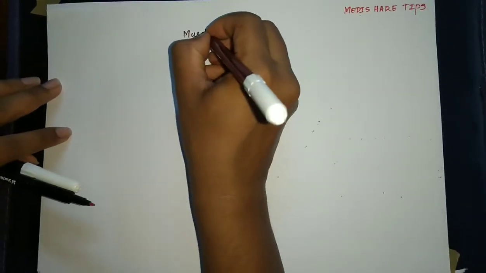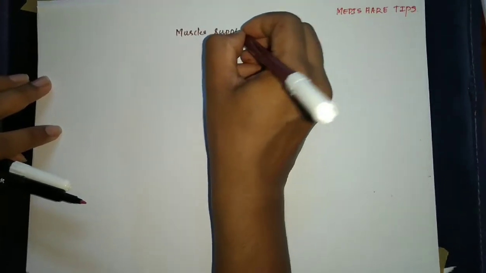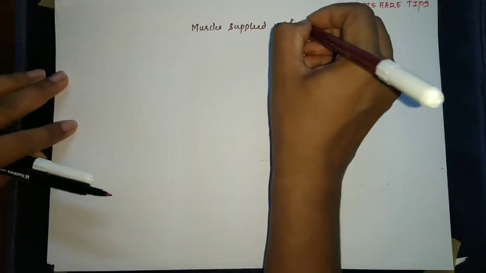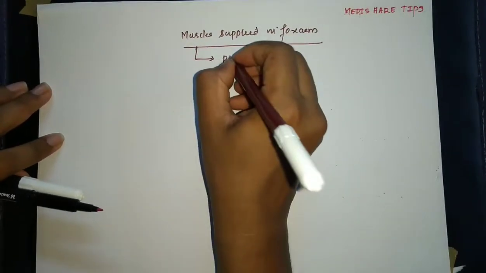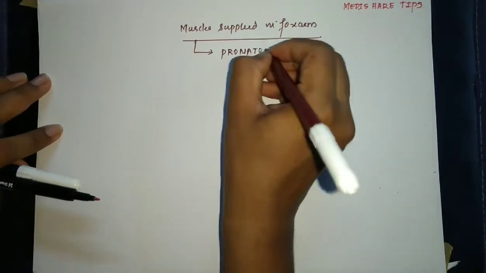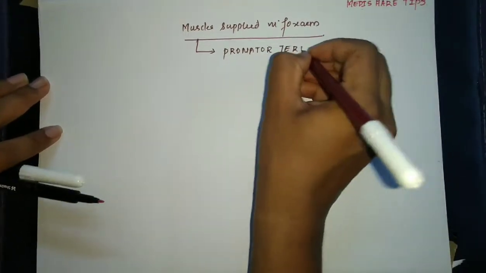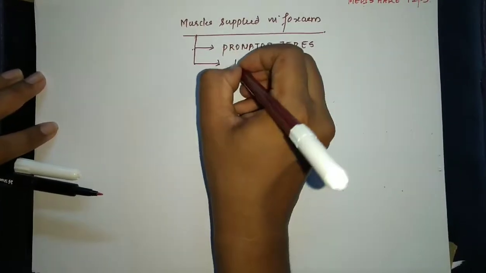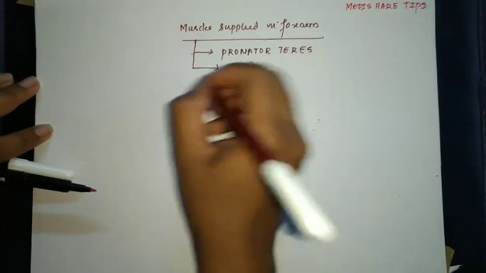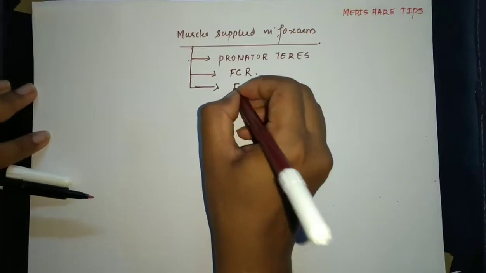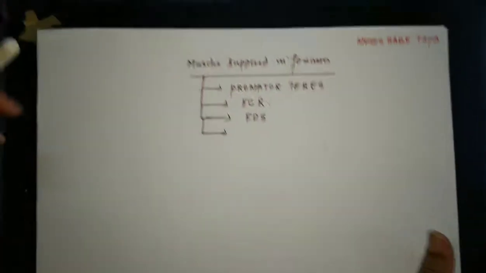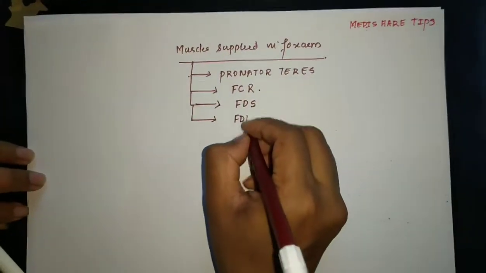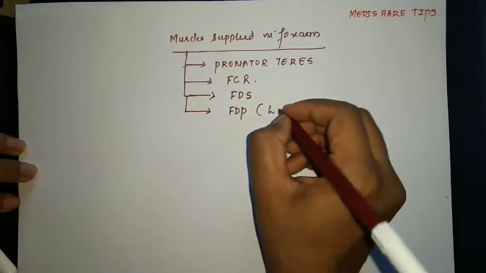So the muscles supplied in the forearm by the median nerve are: first, pronator teres; next, flexor carpi radialis; next, flexor digitorum superficialis; next, flexor digitorum profundus, lateral half.